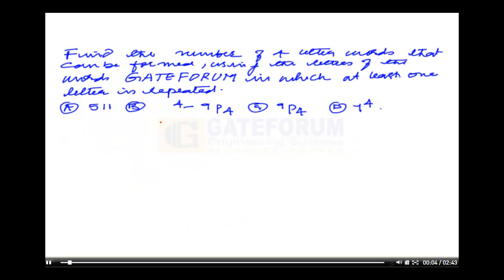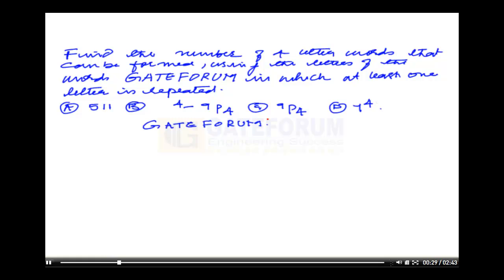The word is GATE FORUM. We have to find all the possible words in which at least one letter is repeated. But in order to find this answer, first we have to find how many 4-letter words are possible.